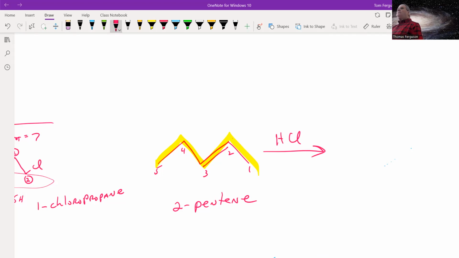So what's going to happen now is we're going to get a mixture. So whenever we are adding HCl, most of the time we're going to have a mixture. Because before we didn't have a mixture because of Cl-Cl. Now we have HCl. So we're not going to add proportionally. So situation number 1.